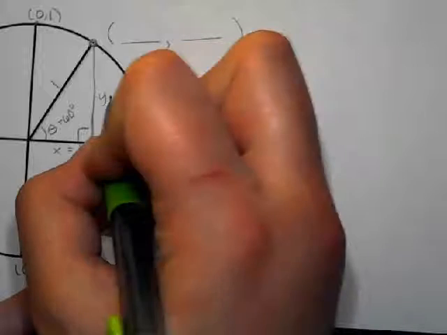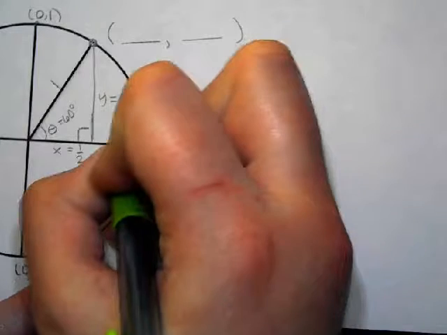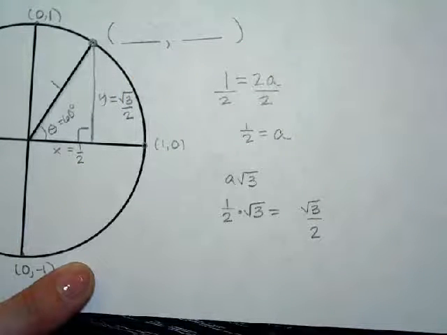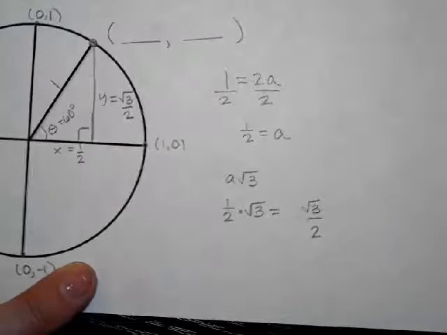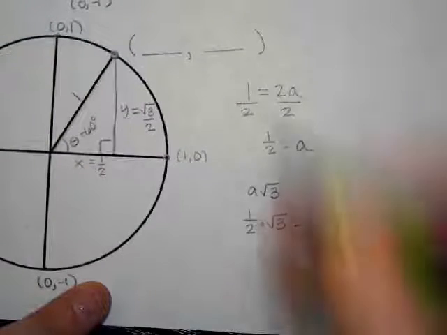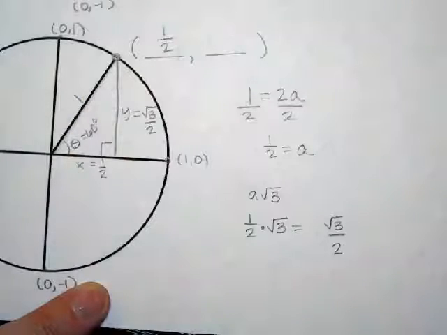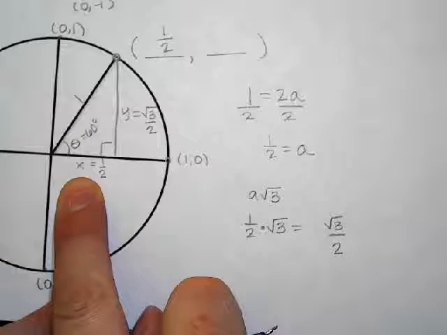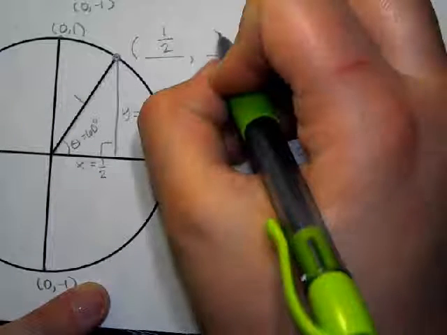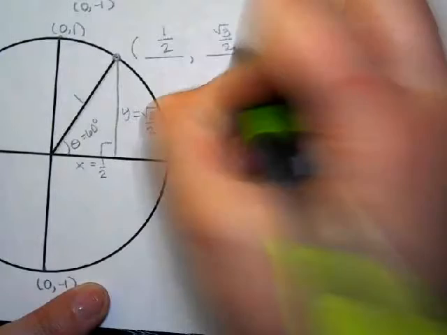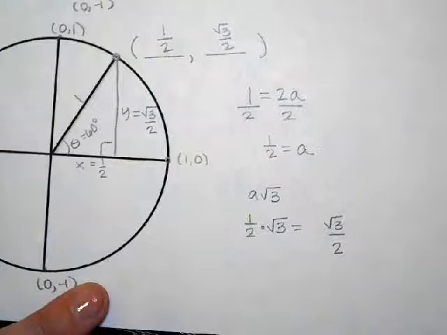Okay? So this coordinate is 1/2 for the x value, and then square root of 3 over 2 for the y coordinate. So similar to the last one, but they switch places.